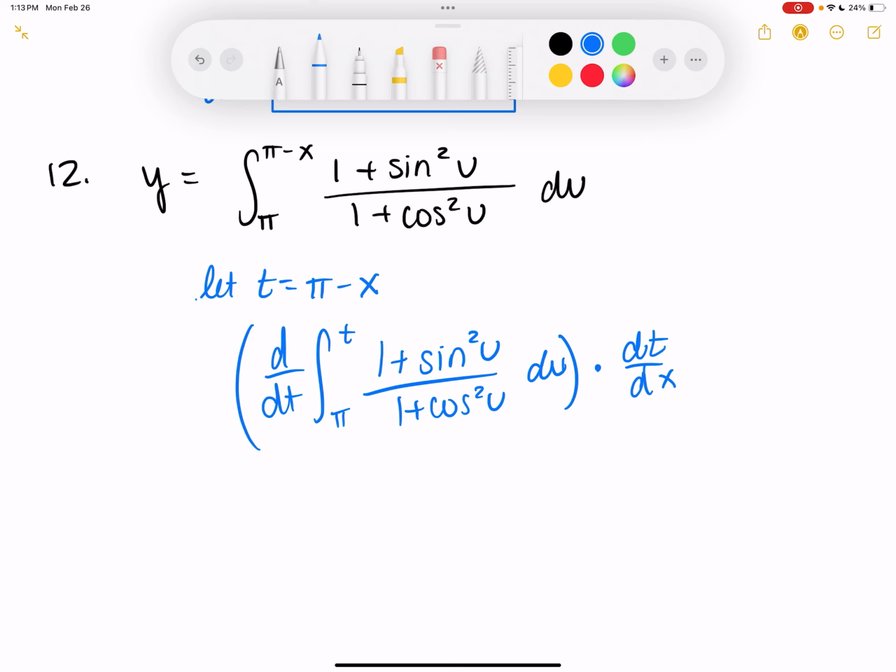We'll do this part. So 1 plus sine squared t over 1 plus cosine squared t, times, what's the derivative of t with respect to x? It's negative 1.